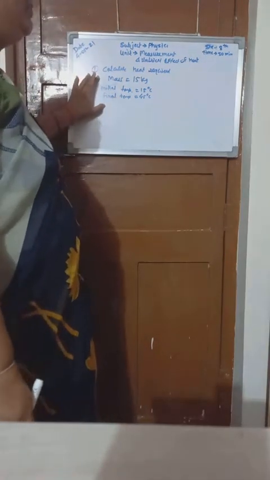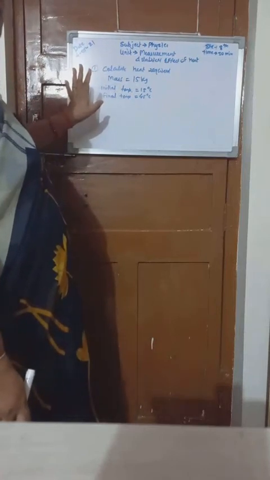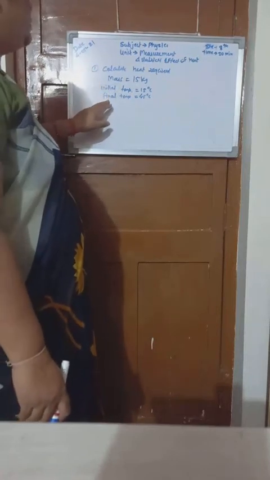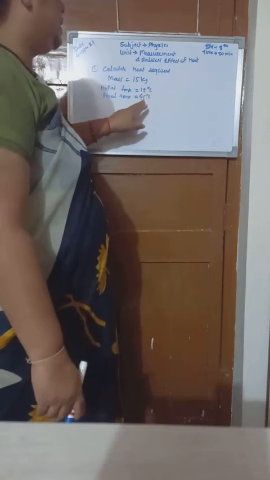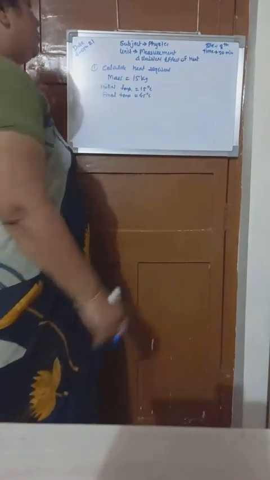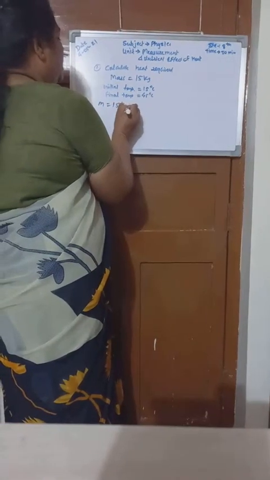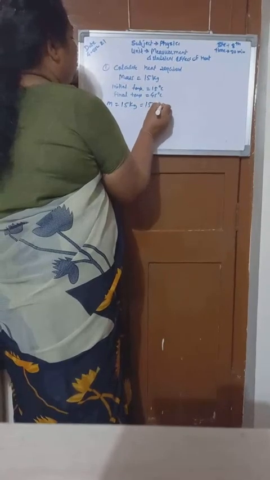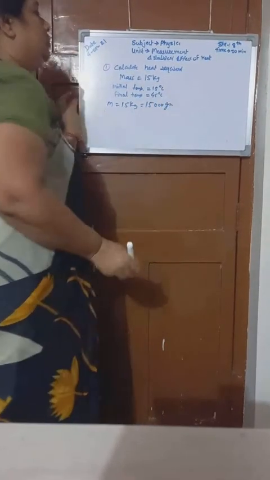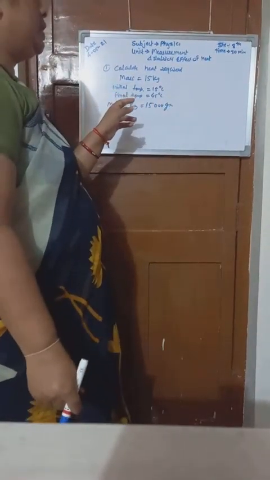this is given. We have to calculate heat required to heat the object from 15 degrees centigrade to 45 degrees centigrade, having mass 15 kg. First we have to convert m equal to 15 kg means 15000 gram. We have to convert it into gram because we are using CGS system.